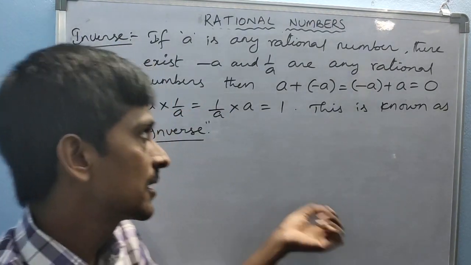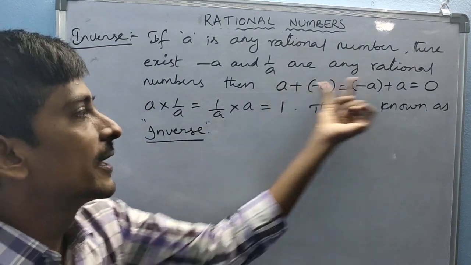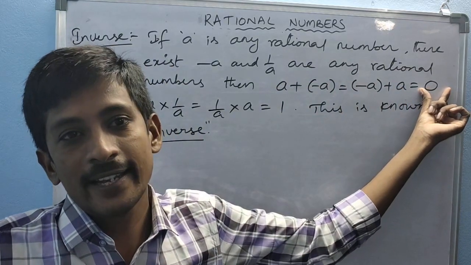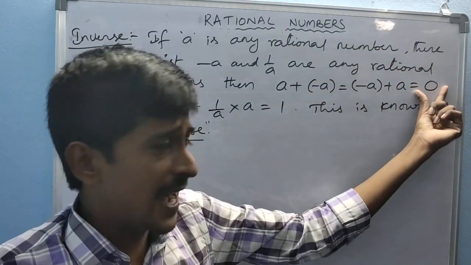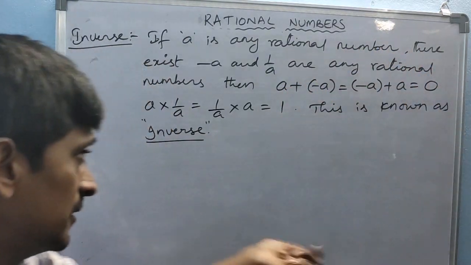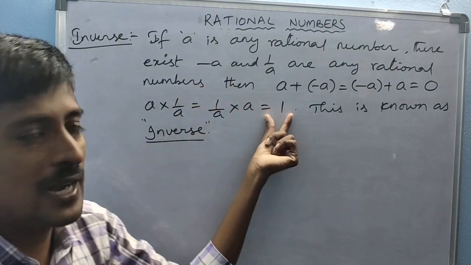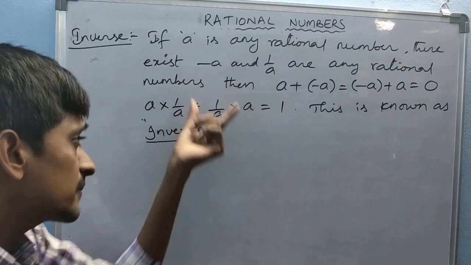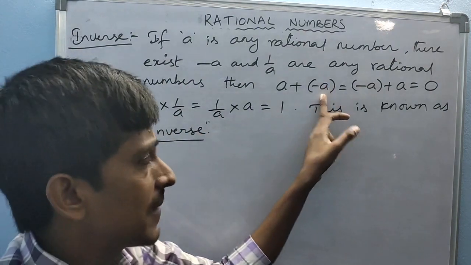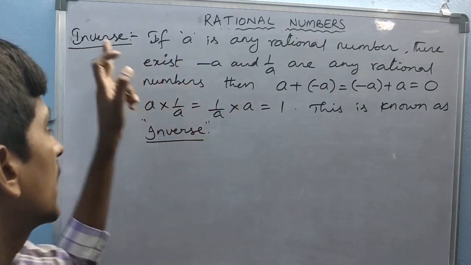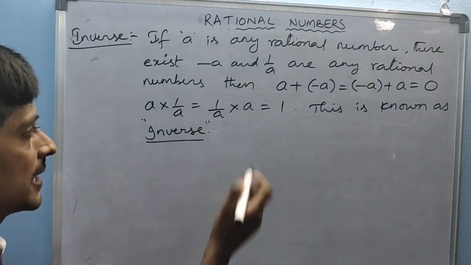What do we mean by this? The number which is added to a given number gives the additive identity, or the number which is multiplied to a given number gives the multiplicative identity. That 1 by A or this minus A is called the inverse of the given number.